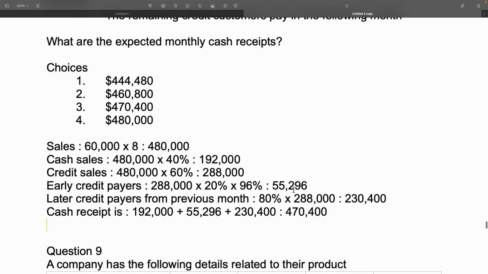Right, that should have been the answer you picked up. So to find out the sales, you have to remember the early credit period how much, and later credit period from previous month how much. So this is all cash, got it?